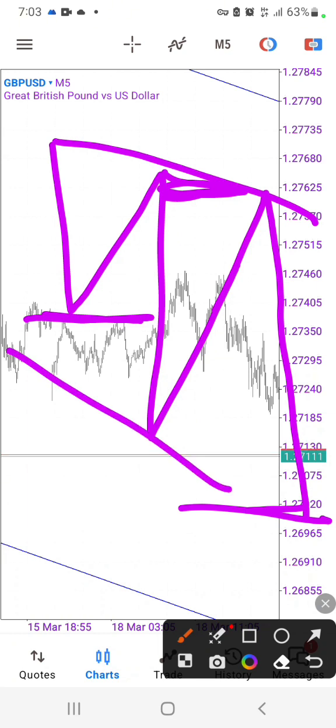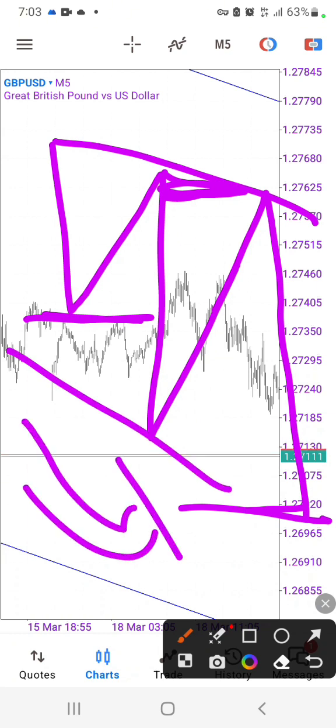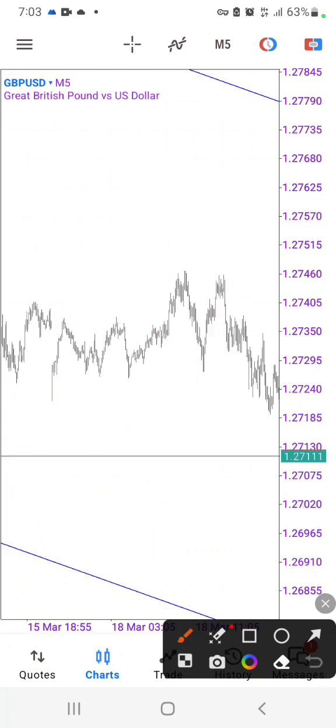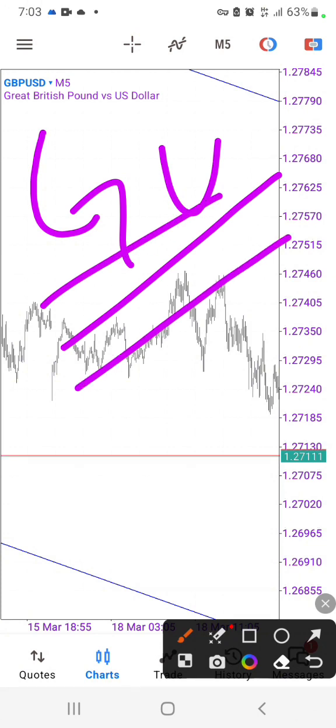We follow the H4 trend and take the sell opportunity. It works for all currencies, all pairs, any kind of asset. That's why we have used GU as our example pair for those who love to trade currencies.